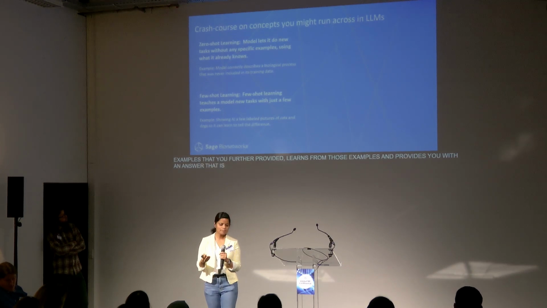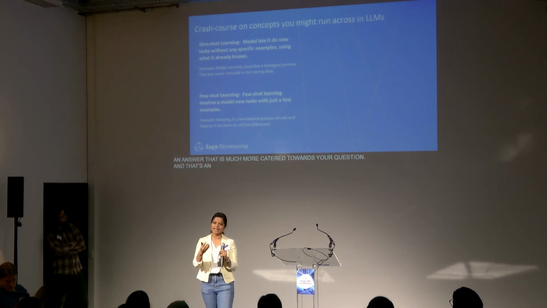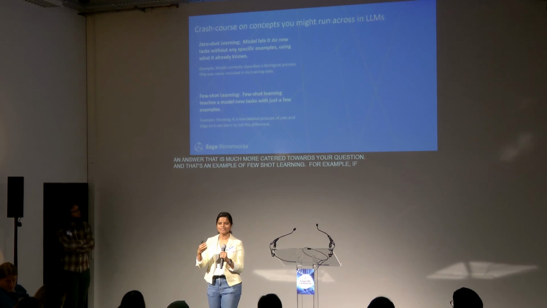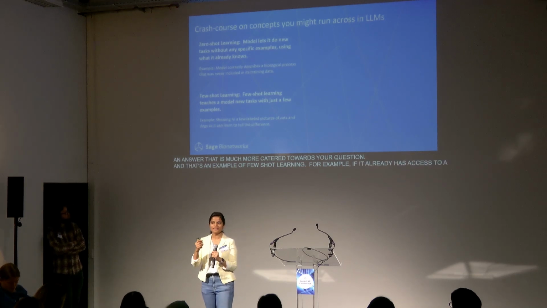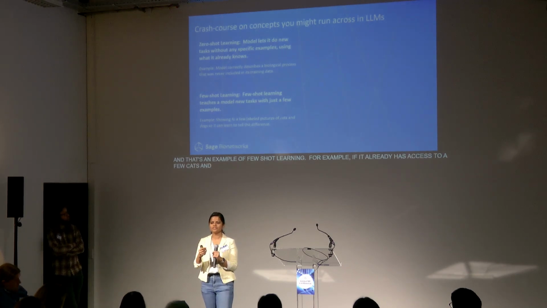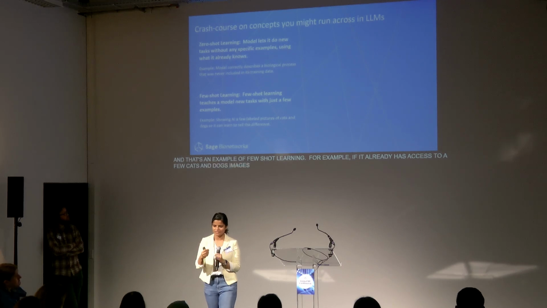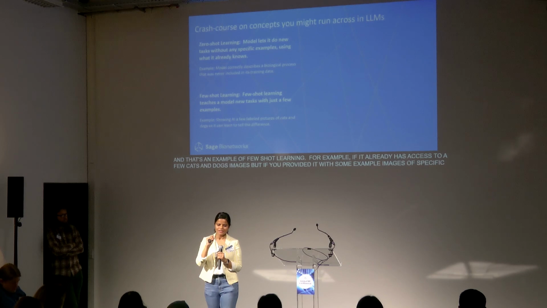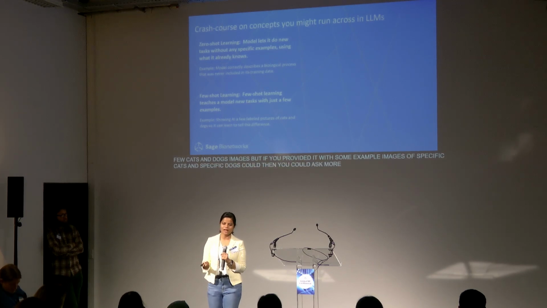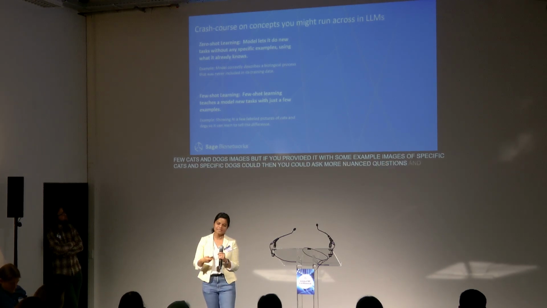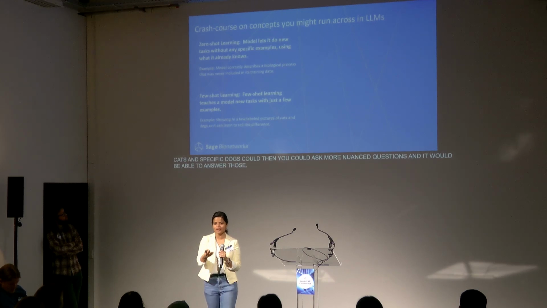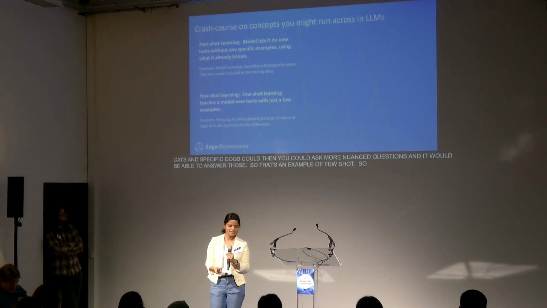That's an example of few-shot learning. So for example, if it already has access to a few cat and dog images, but you provided it with some example images of specific cats and specific dogs, then you could ask more nuanced questions, and it would be able to answer those. So you give it a few shots at learning new data.